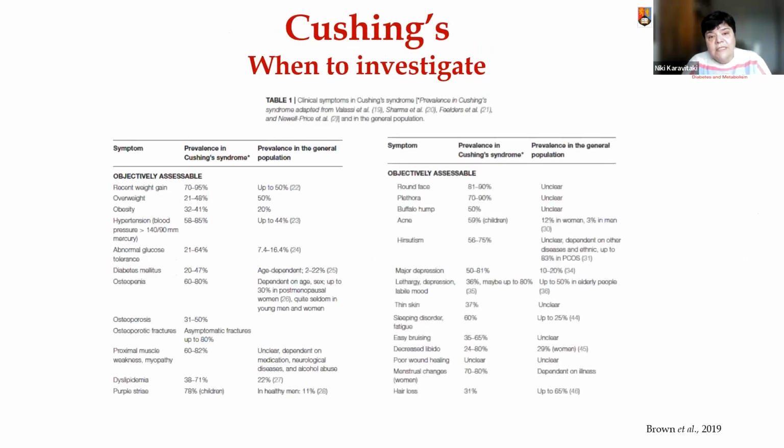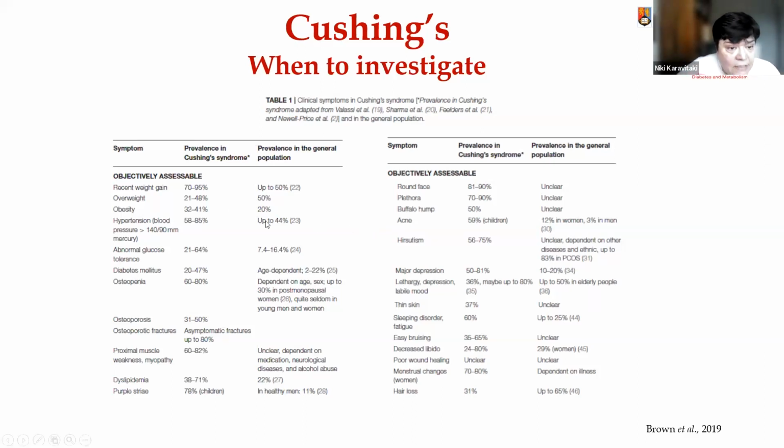So the question is, how can we decide when to start these investigations? This is a table from a beautiful paper published in 2019, showing the prevalence of various manifestations in Cushing syndrome and the prevalence in the general population, just to show you the extent of the problem at the very, very first steps of the diagnostic process.